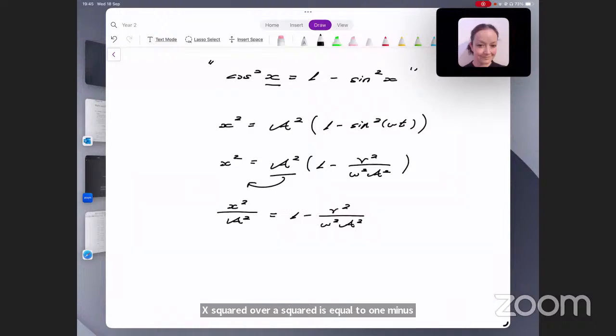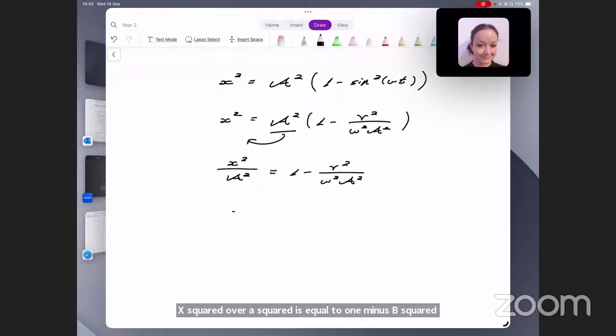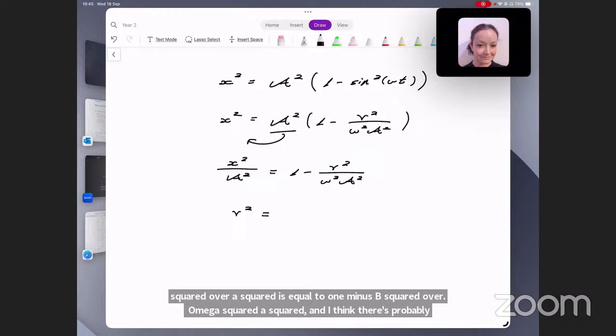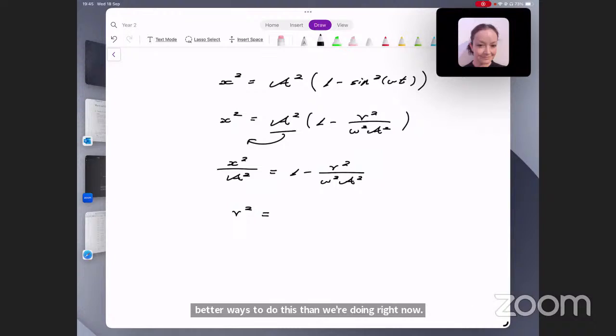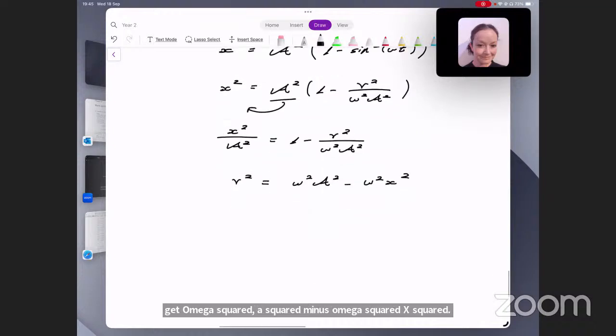There are probably better ways to do this than what we're doing right now. Multiplying everything by omega squared a squared to get your v squared term, and rearranging, you get v squared equals omega squared a squared minus omega squared x squared. I think that is the expression.